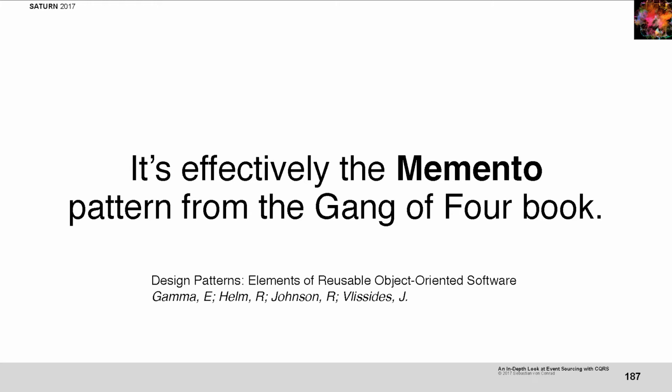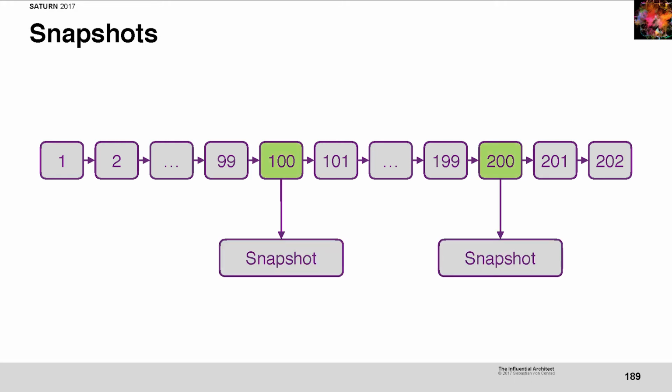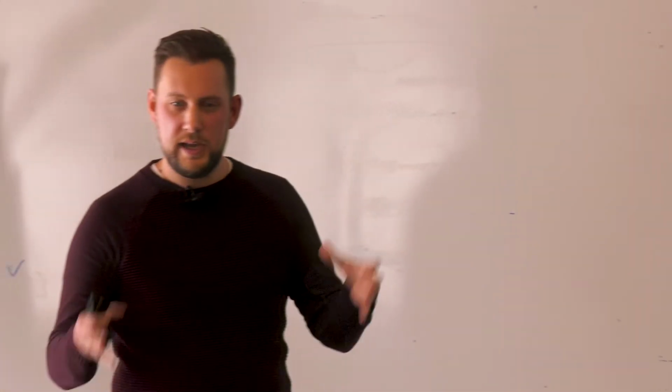So the idea is that if we consider all of these events as events that happen on a particular aggregate, we can say for every 100 events, we want to take a snapshot of the state of that aggregate at that particular time. It's not a current state cache. It's not about the current state.